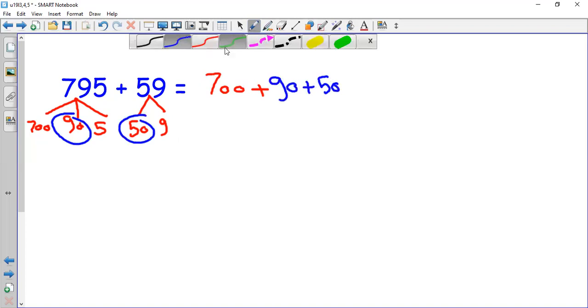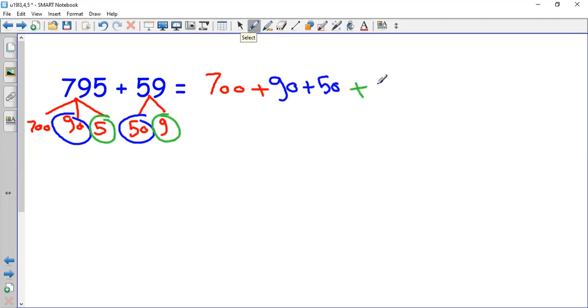And I have here 9 and 5. I will write plus 9 plus 5. Let's find the total of multiples together. I still have 700 and 90 plus 50. I know that 9 plus 5 is 14, so 90 plus 50 will be 140, and 9 plus 5 is 14.